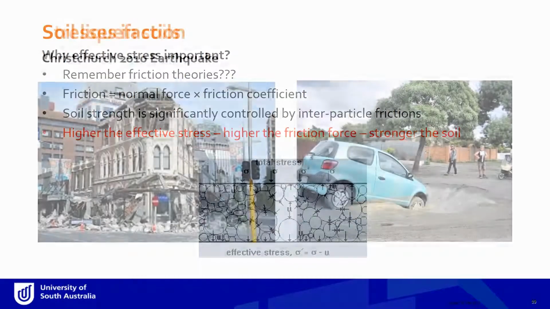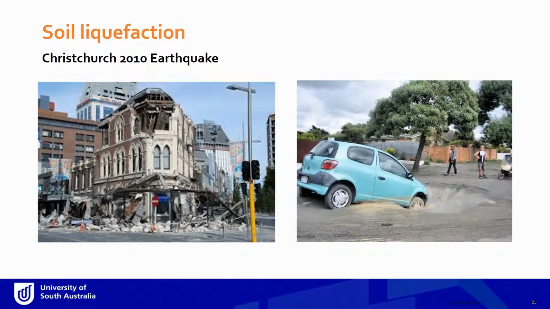Now, from here, we'll be looking at an example, again related to effective stress. This is what happened in Christchurch, and this will probably give you a slightly better idea why effective stress is so important and how it can control the behavior of a soil. The first picture shows a destroyed building, that's not my part, that is dealt with in the first part of this course, the superstructure.